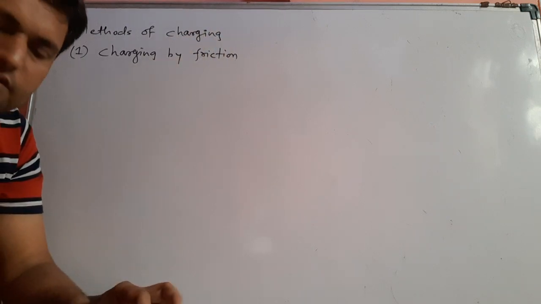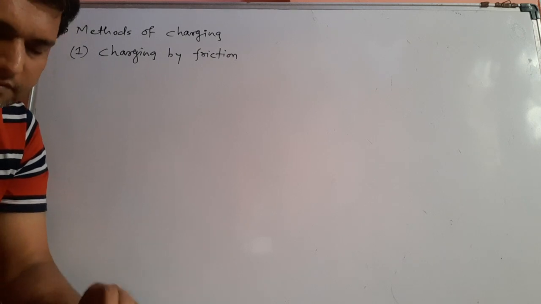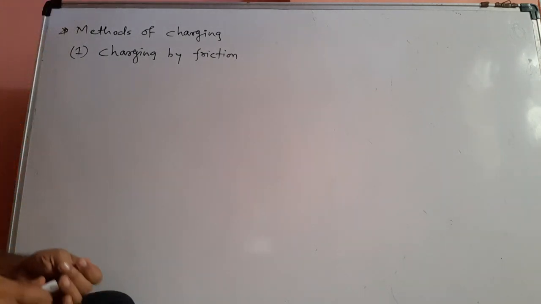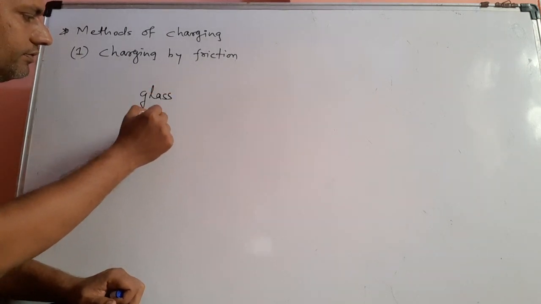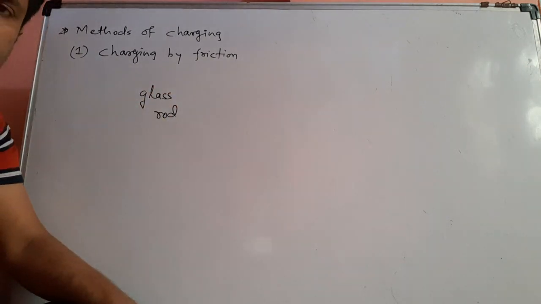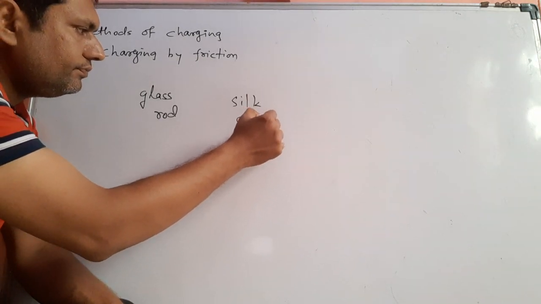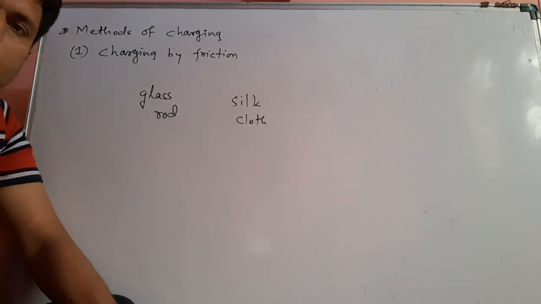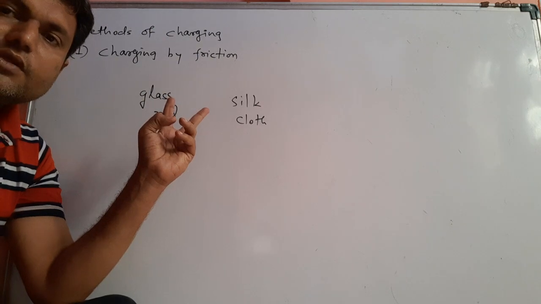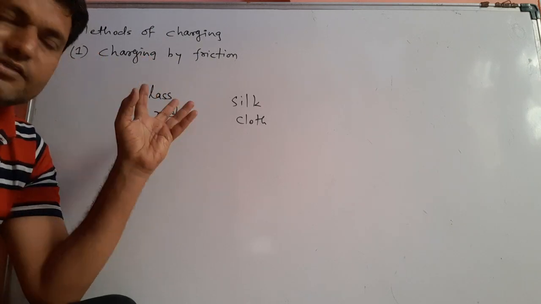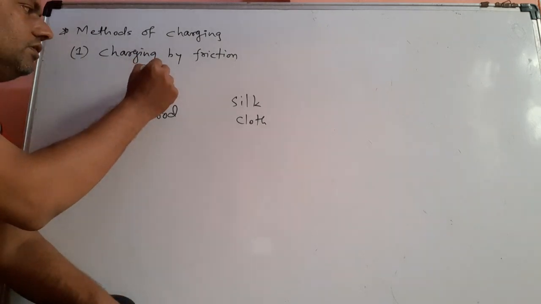Charging by friction is very simple, and we will start with one best example. If we take a glass rod and rub it with a silk cloth, there are two different bodies, and we consider that initially both are uncharged, so the charge on them is zero.